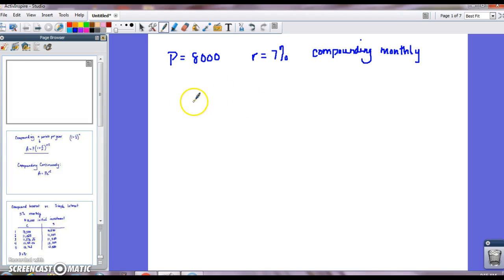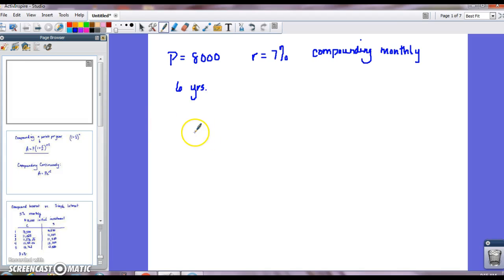And let's keep this in here for 6 years and figure out which one is actually the better option, whether compounding monthly is better or compounding continuously is better. Let's see which one works out to be the best way to invest our money.